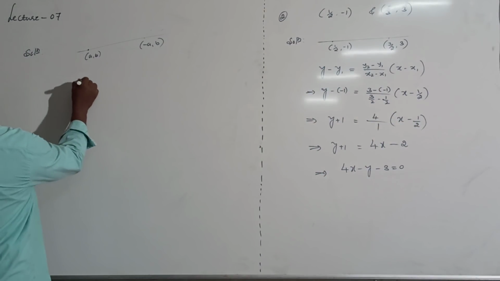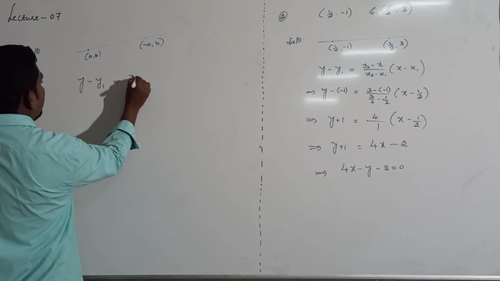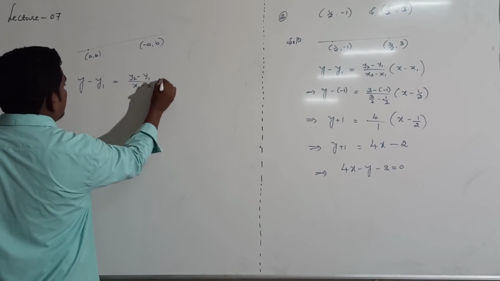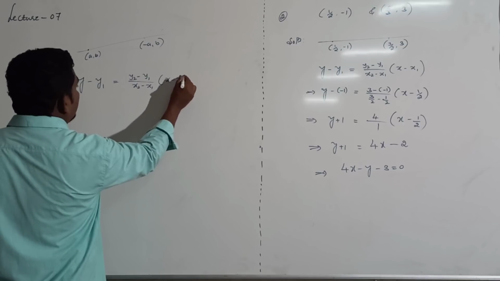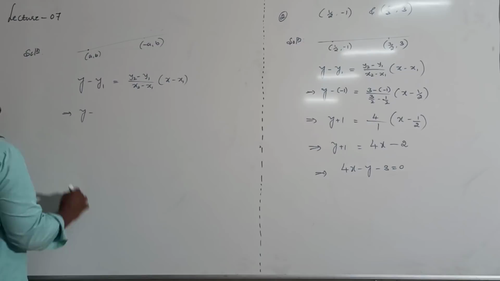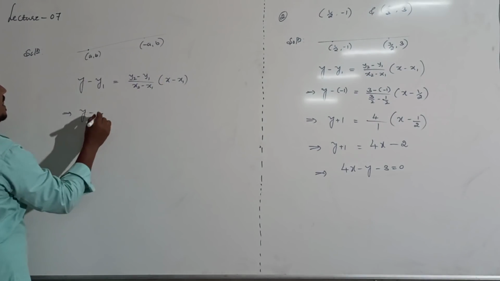Use the 2 point formula. y minus y1 is equal to y2 minus y1 divided by x2 minus x1 into x minus x1, right? Then y minus, what is the y1 value? y1 is b only.